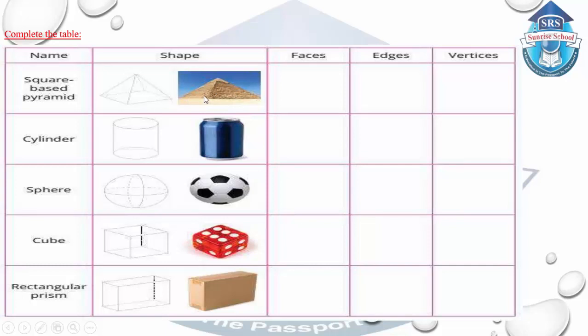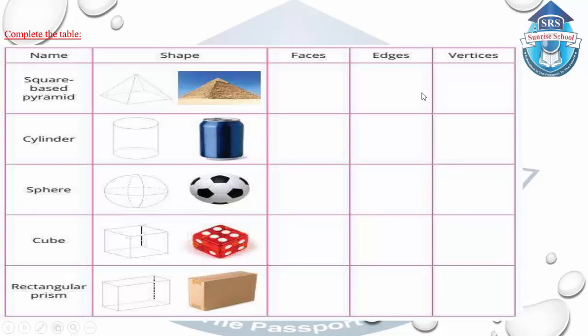Here we have the pyramid. Yes, that 3D shape that you learned as the Egyptian pyramid is the square-based pyramid. Do you remember, a square-based pyramid has how many faces?